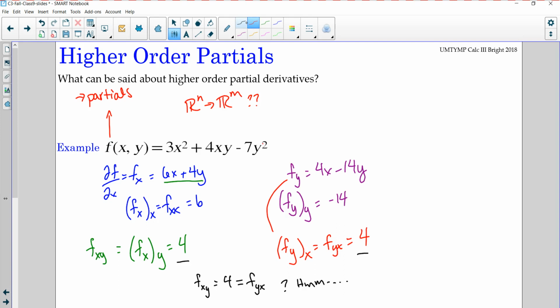Here I just looked at the second order partial derivatives. You could continue and do f triple x, which is just 0, and similarly f sub triple y is going to be 0. So you could continue on.